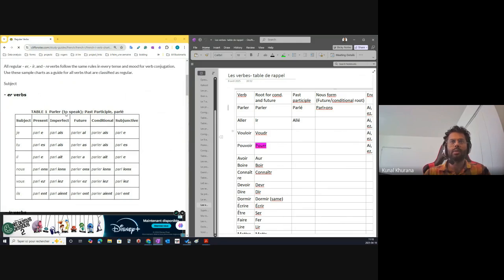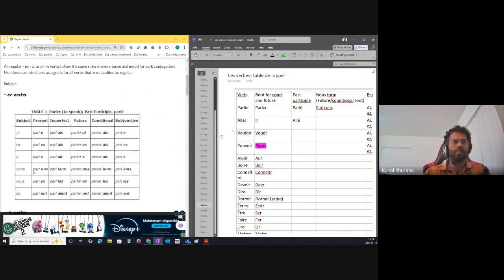If you think that's advanced for you, you can come to this table after next week. Before that, you can start learning by heart the present tense of all the verbs, and the past participle. First of all, these two. If you know the nous form, it's very easy to make the imperfect.